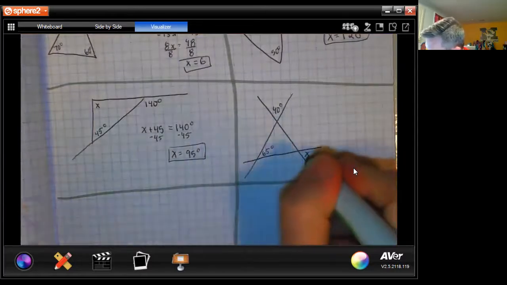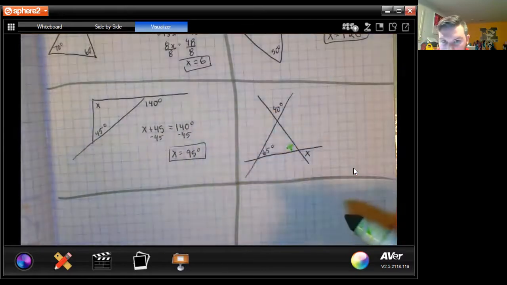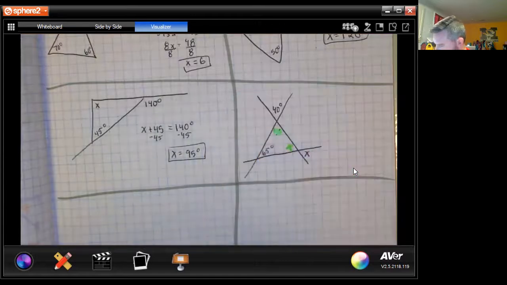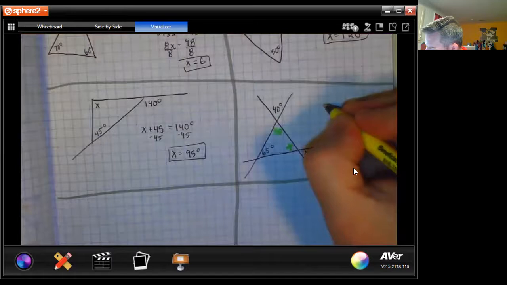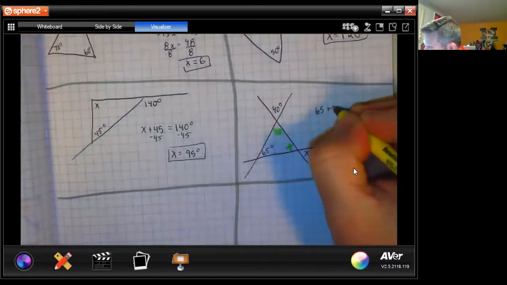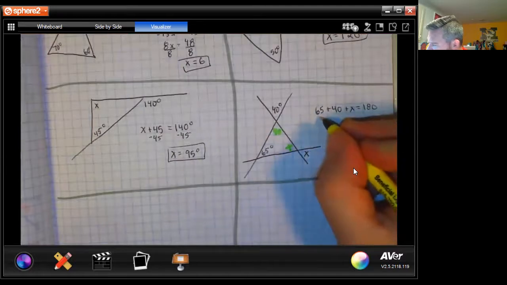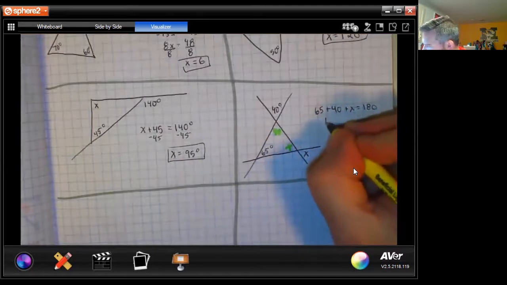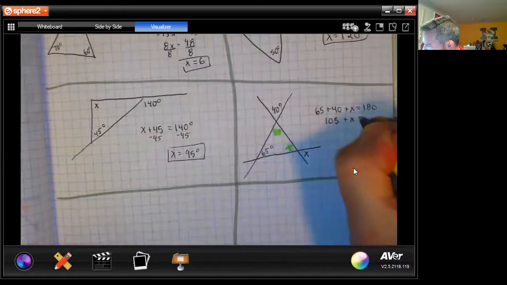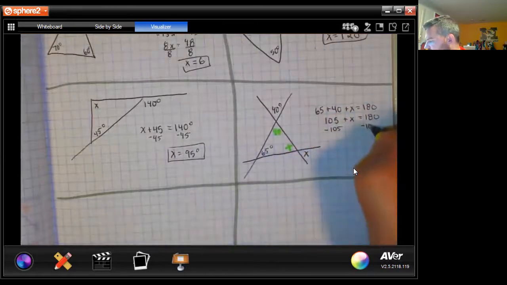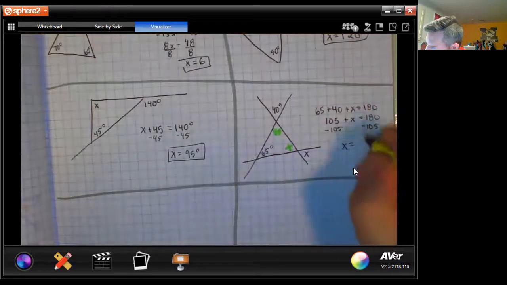So if I transfer that into here, x is there, and 40 is also an interior angle. I just need to add those three up and set it equal to 180. So 65 plus 40 plus x equals 180. So 65 and 40 is 105, plus x equals 180. Subtract 105, and x equals 75 degrees.